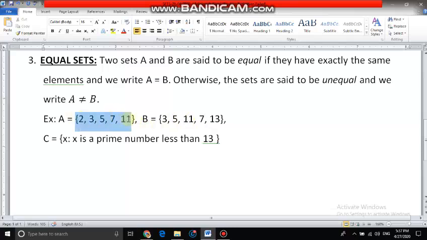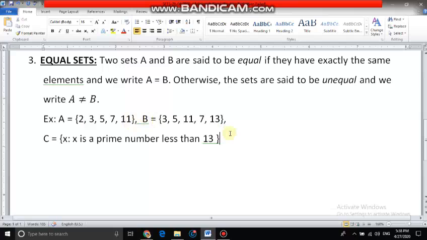I have taken A as 2, 3, 5, 7, 11 and B as 3, 5, 11, 7, 13. If you see the number of elements of A, there are 5 elements in A, and the number of elements in B is also 5.